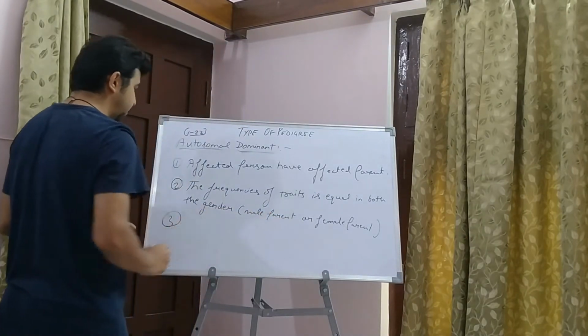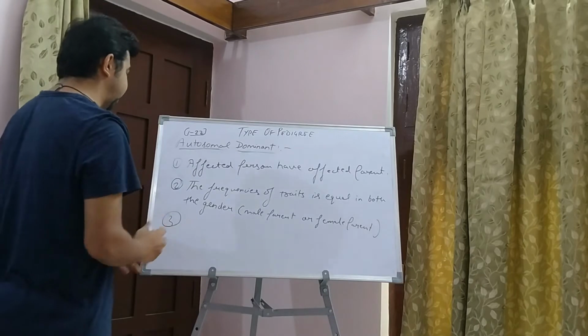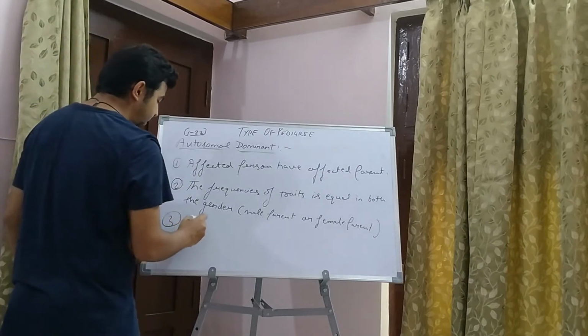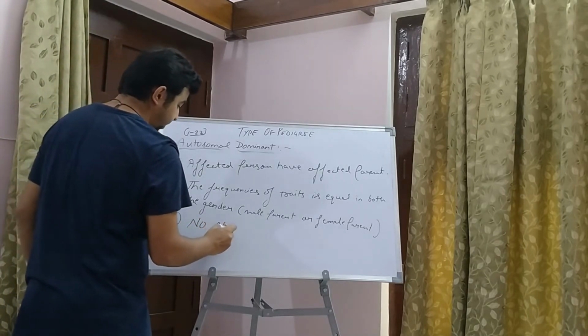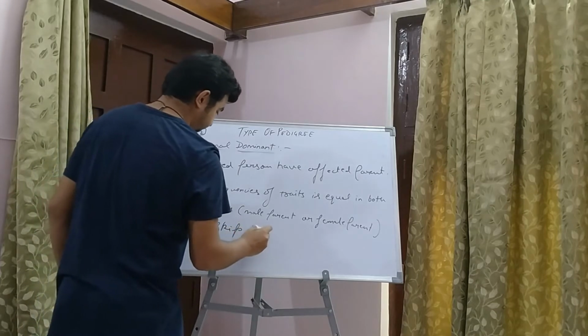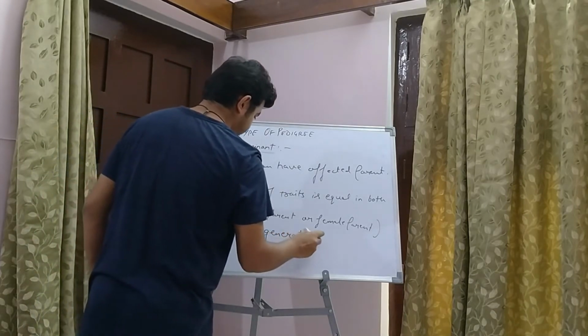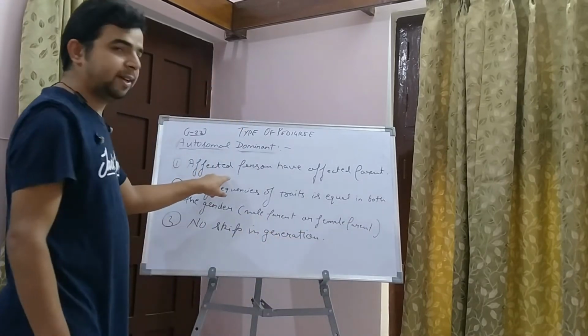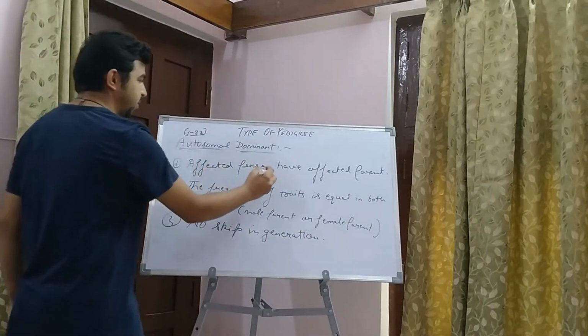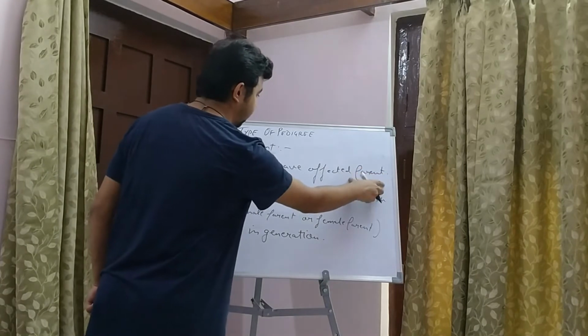The third point which I will add here is that there is no skip in generation. As we can see at the first point, the affected person has an affected parent.